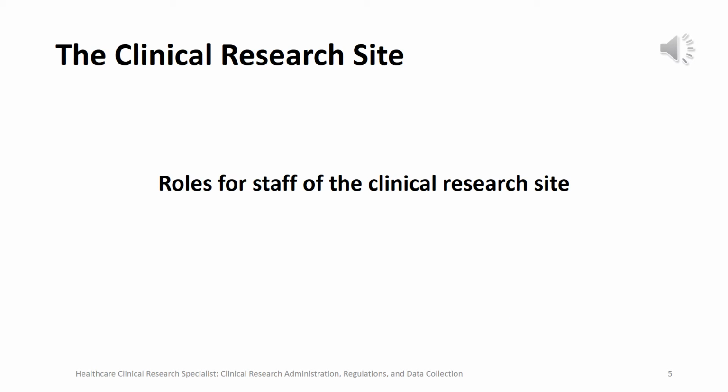So let's discuss in a little more detail the individual roles for the staff at the clinical research site. Some of these you're going to be familiar with, some you may or may not be familiar with, but we'll go over them in detail, and I think that'll help answer some of the questions that you may have.